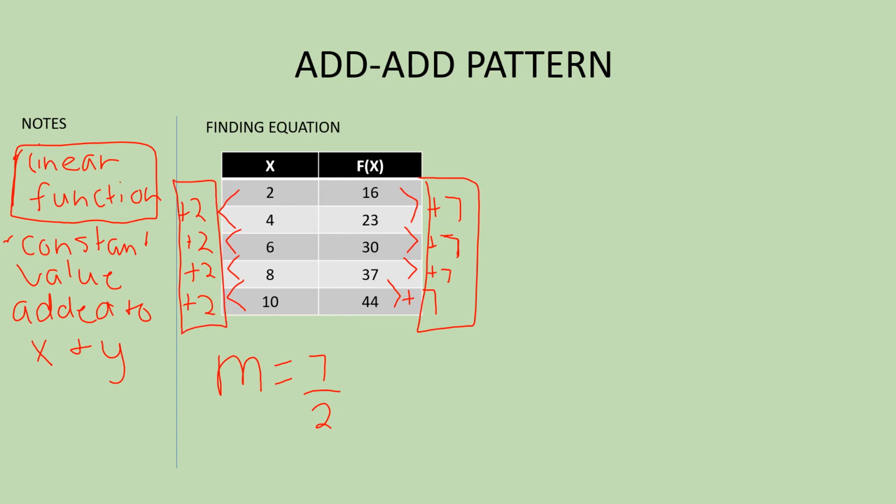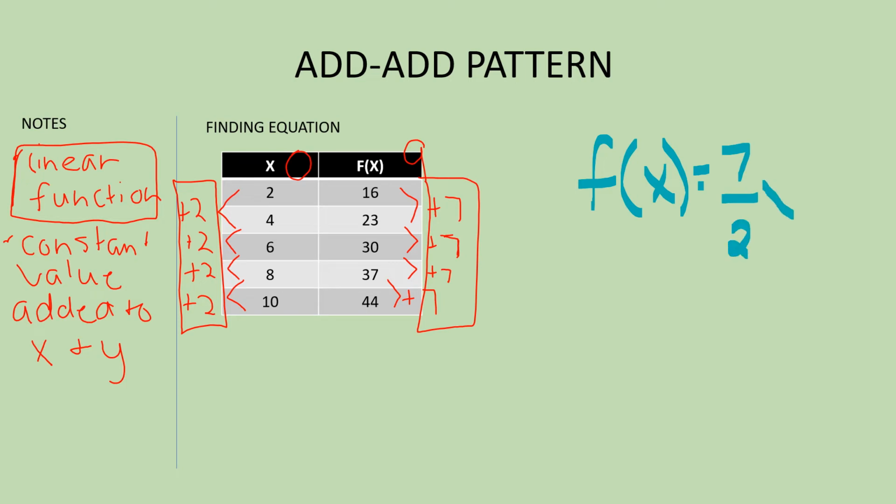And if you can recognize the pattern, you know that if we were to subtract 2 here, we would get 0. If we subtract 7 over here, we get 9. So that's going to give us our y-intercept. And that will give us the final equation, f of x equals 7 over 2x plus 9.